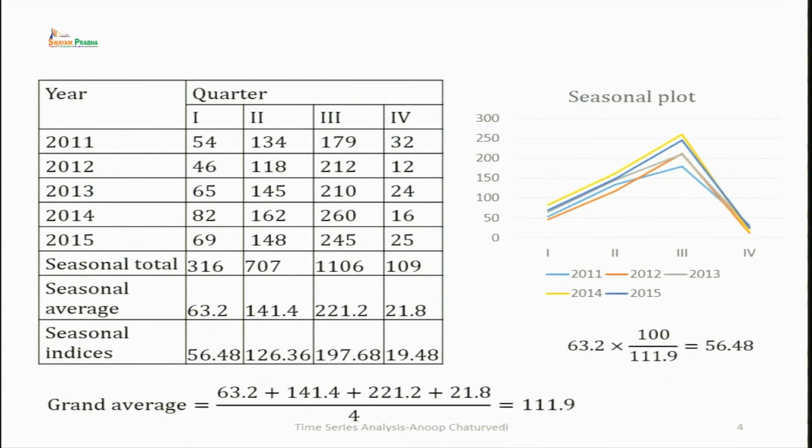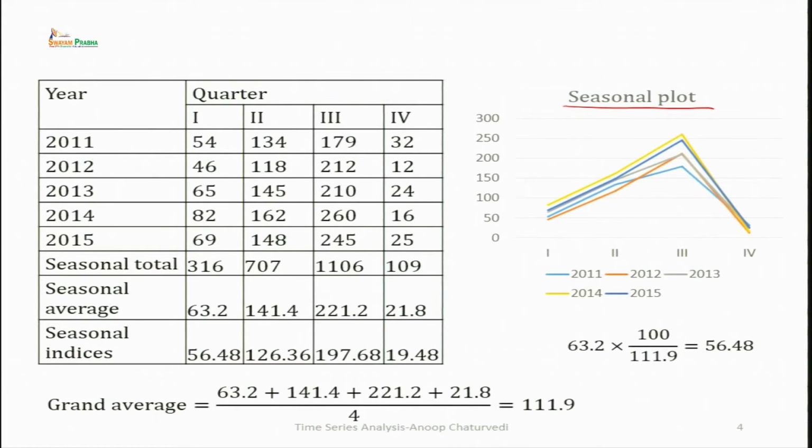If you consider the seasonal plot for this data set, then the seasonal plot is given here. And from the seasonal plot, it is very clear that the observations have seasonal behavior. The observations have an increasing pattern in quarter 3 for all the years.